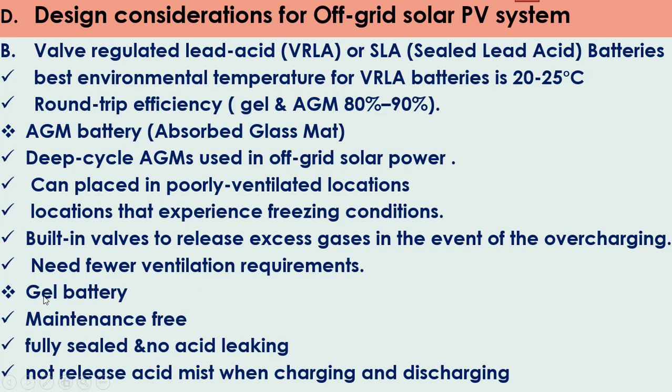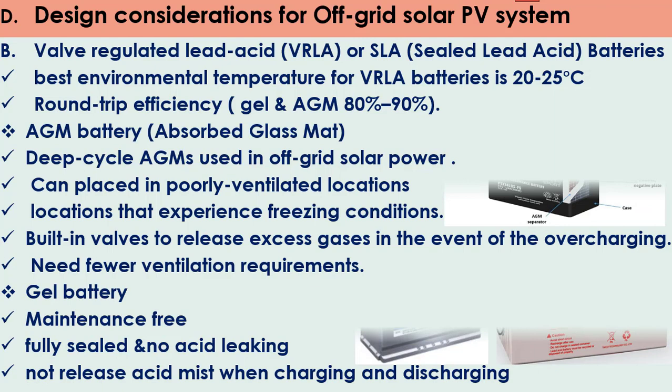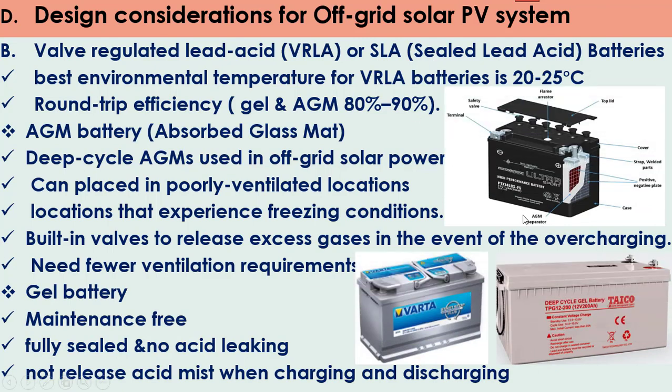And the third type is the gel battery, maintenance free and fully sealed, with no acid leakage, and it also does not release acid mist when charging and discharging. This is the more common type of batteries used in solar home systems. This is the absorbed glass mat battery.